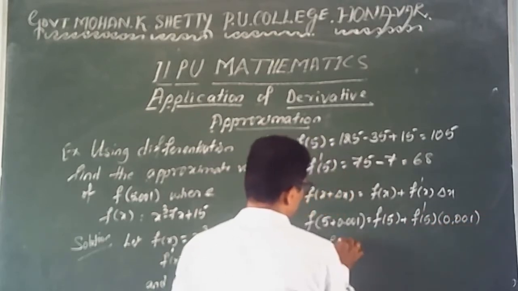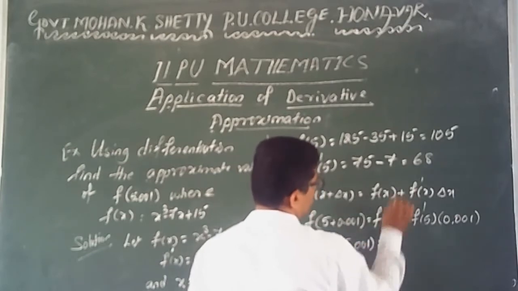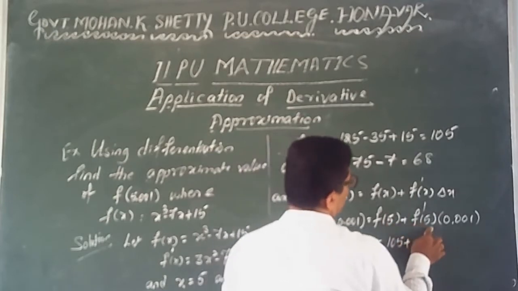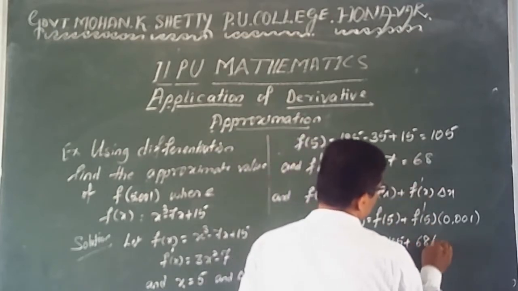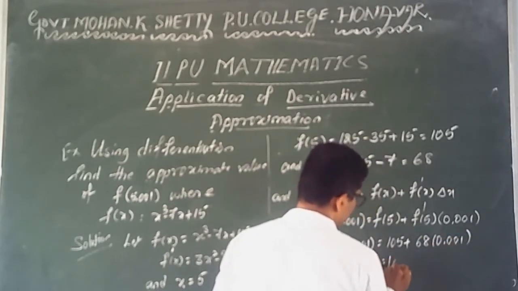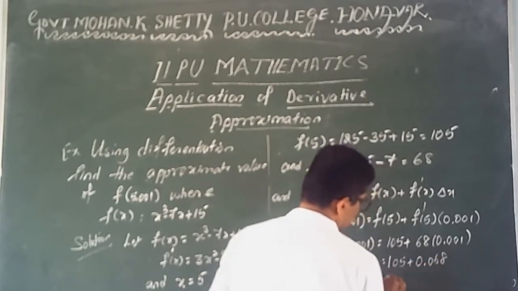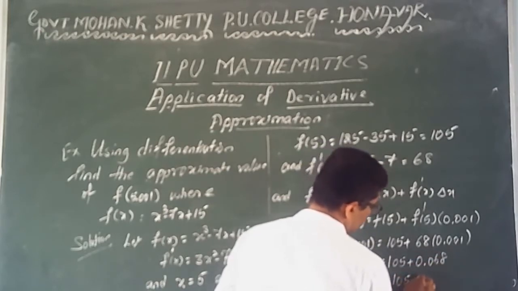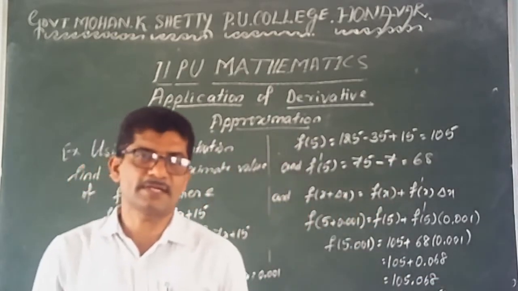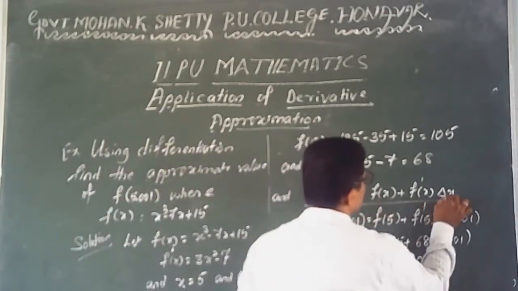This value is f of 5.001, which equals f of 5, that is 105, plus f dash of 5, that is 68, into 0.001. This value is 105 plus 0.068. Its value is 105.068. That is the answer.